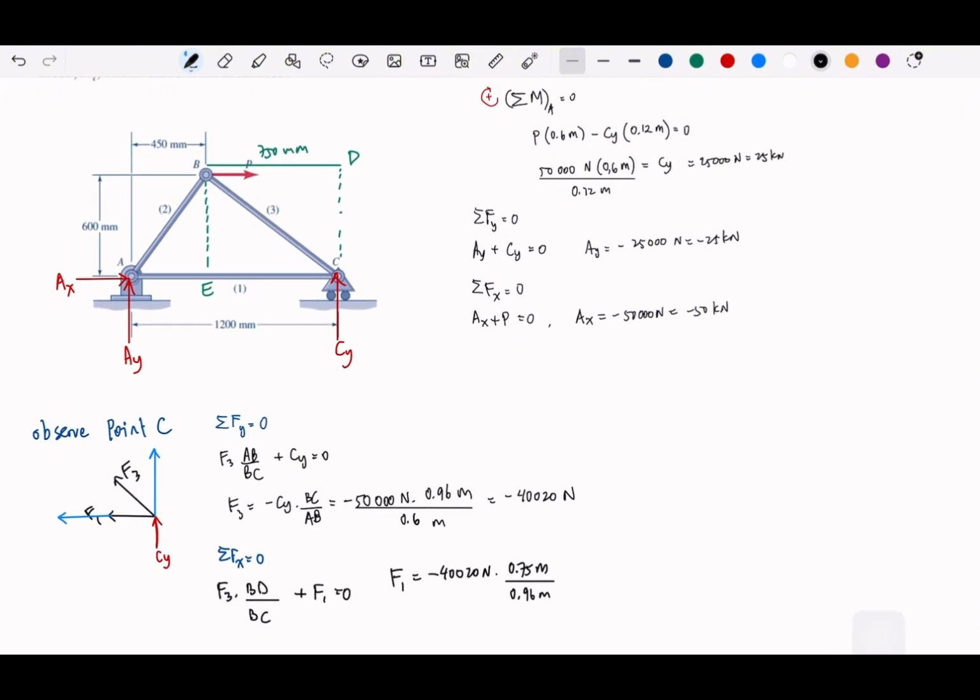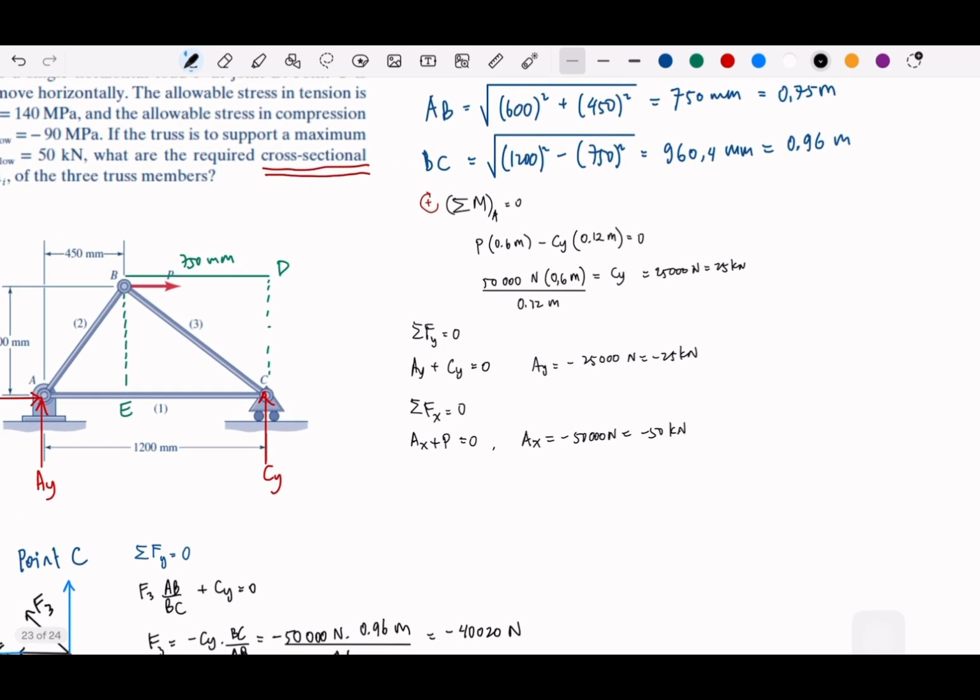Can you check the number? Let me check this one. Is this correct? I have 0.6.